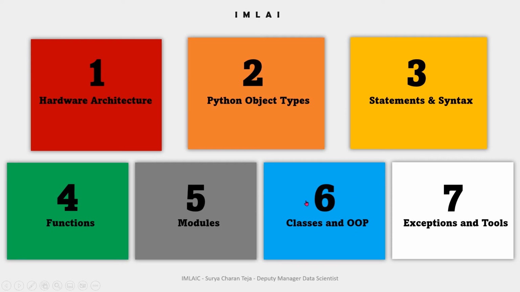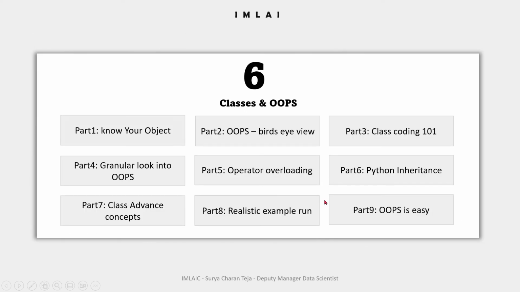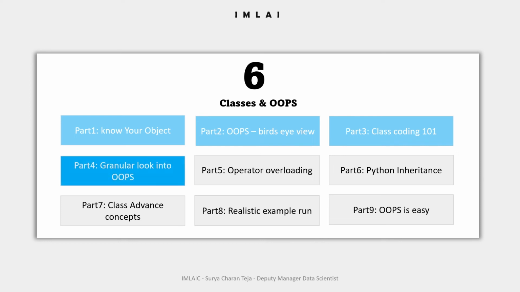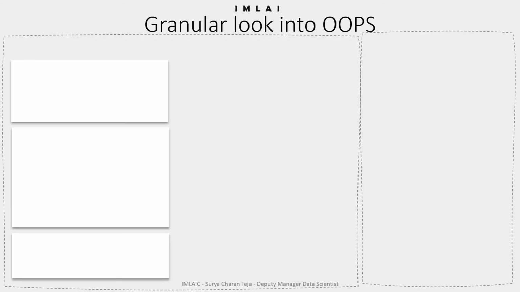Welcome to the fourth part of module 6, which is a granular look into OOPs. In our previous video, we discussed how to create a class, how to make instances, how to write class attributes, and how to write instance attributes.